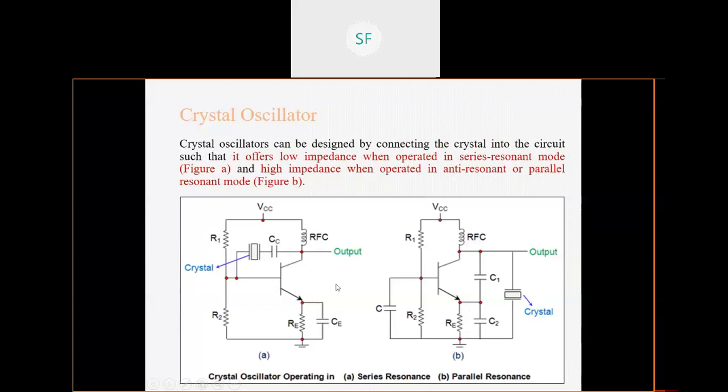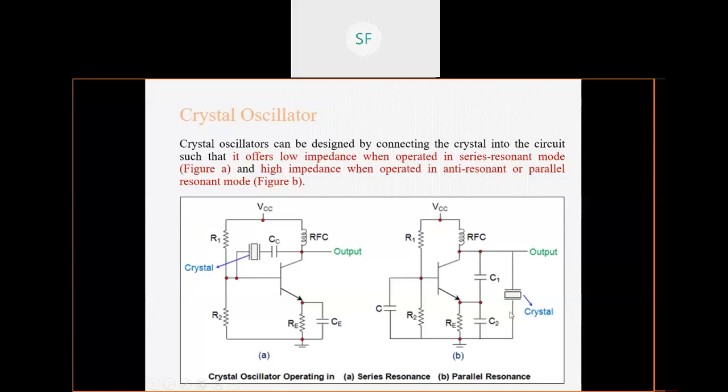Then since there were two resonating frequencies, you can use your crystal in two different circuits. You can connect your crystal depending on which resonating frequency you are using. If you are using your crystal at the series resonating frequency, then you have to connect it like this.